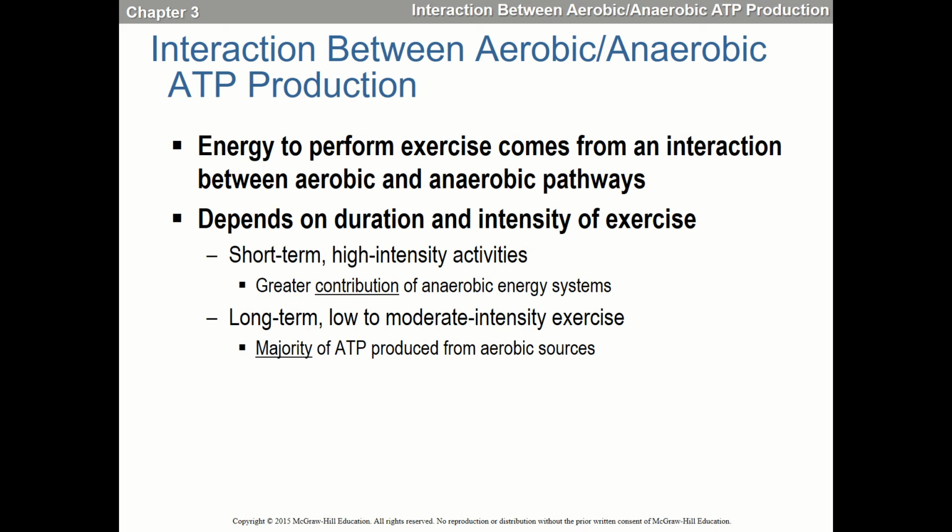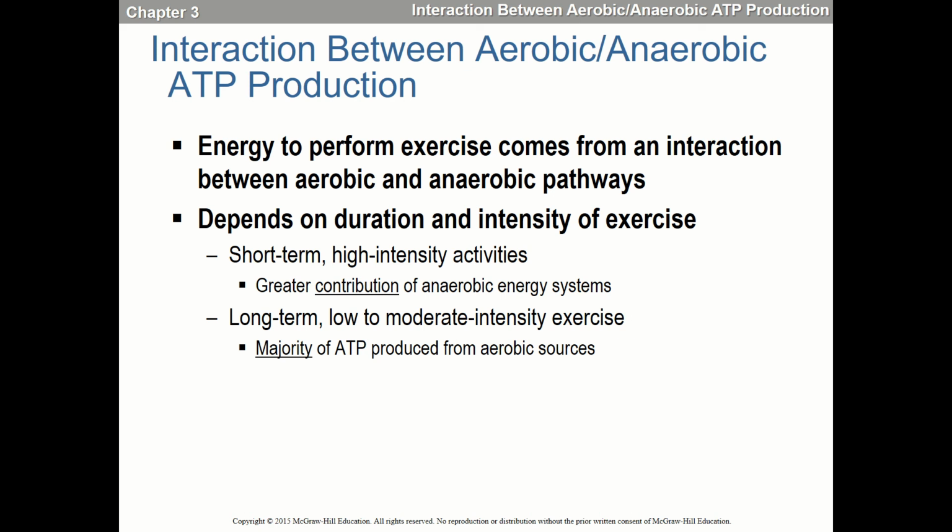All right. Interaction between aerobic and anaerobic ATP production. So here, let's talk about this. Energy to perform exercise comes from an interaction between aerobic and anaerobic, right? So for short-term exercise, there's not so much a high need for ATP, but more so an immediate need for ATP.